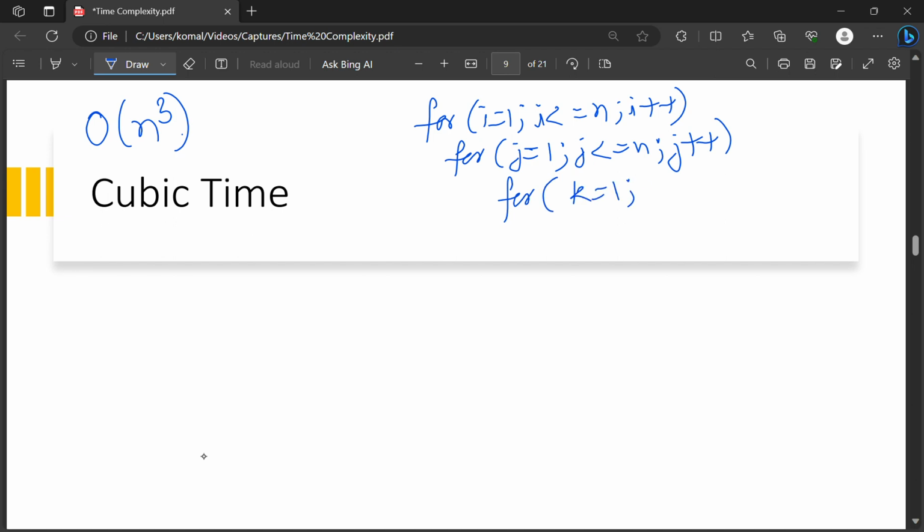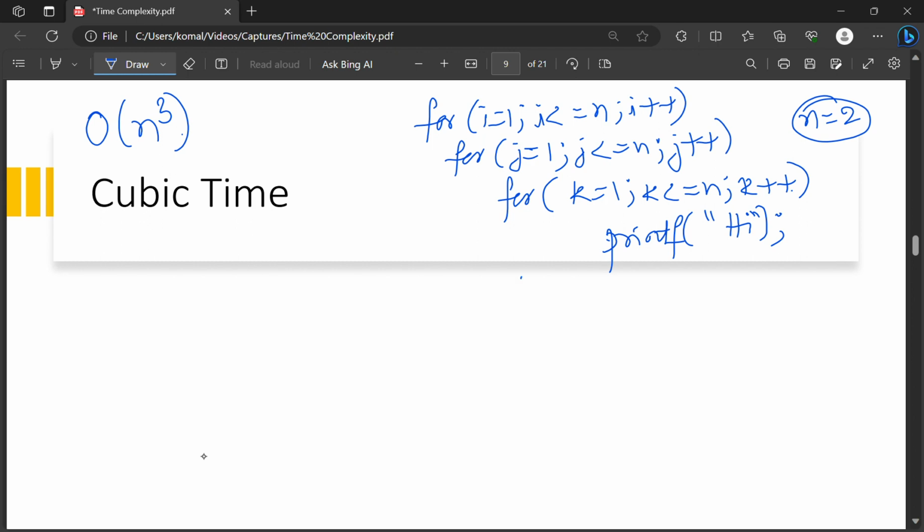For k equal to 1, k less than or equal to n, k plus plus. printf hi. So can you please tell me how many number of times this hi will be printed onto the screen when n equal to 2? It is 8 times.